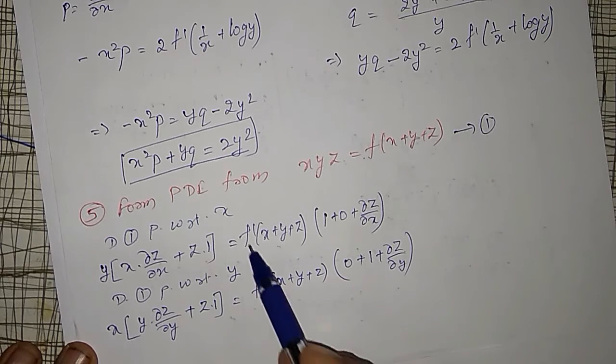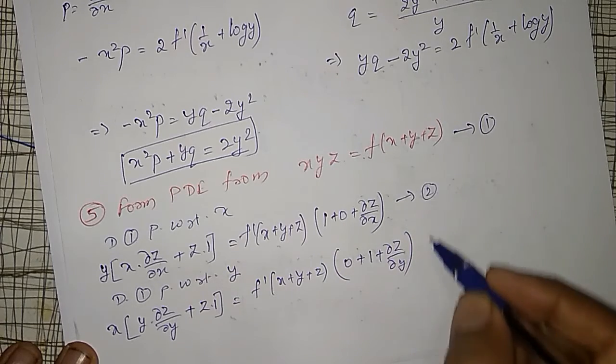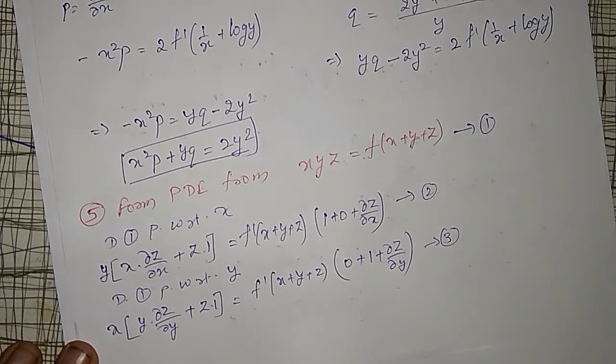f dash. Therefore, let me call these equations 2 and 3, dividing 2 by 3, and I will also substitute dou z by dou x equal to p.